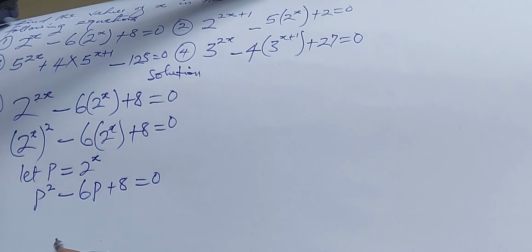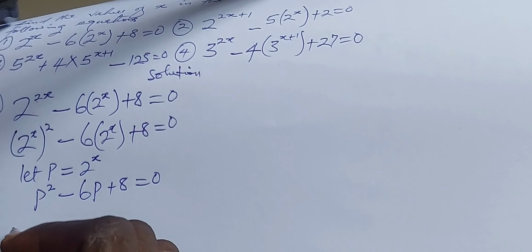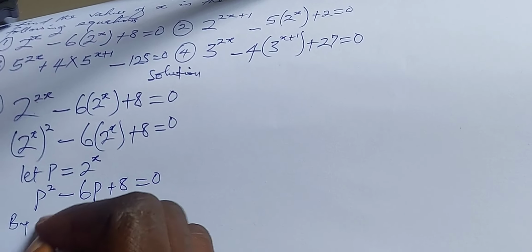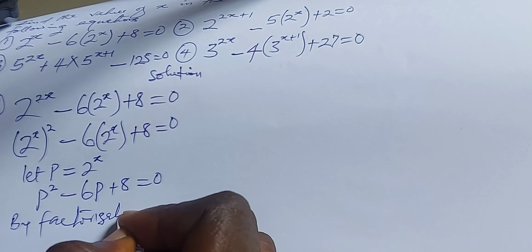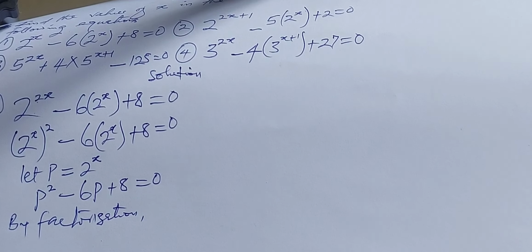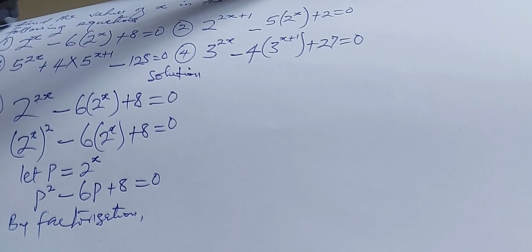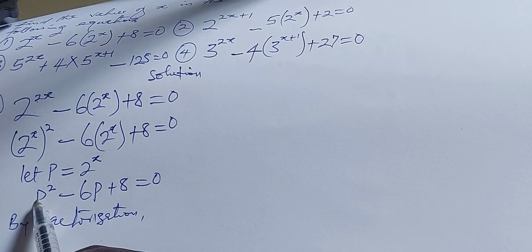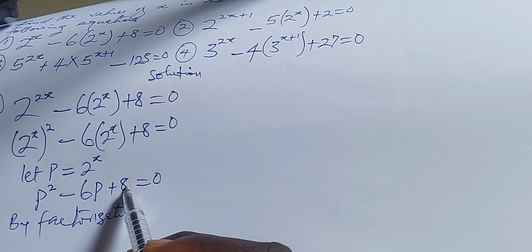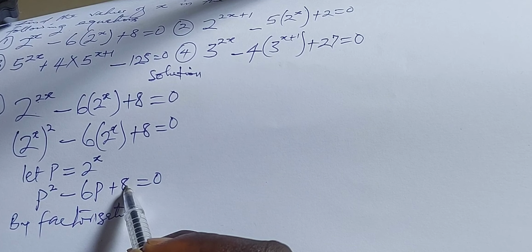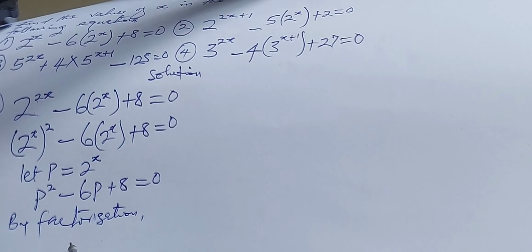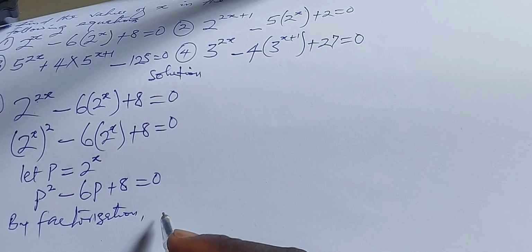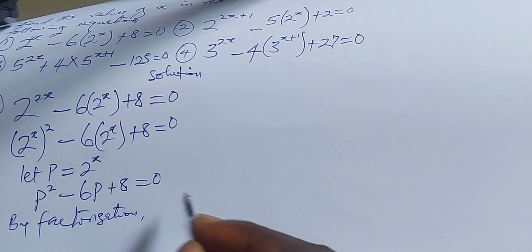And therefore, we factorize. By factorization, how do you factorize? You multiply the coefficient of p squared by the last number. The coefficient of p squared here is 1. 1 multiplied by 8 is 8.